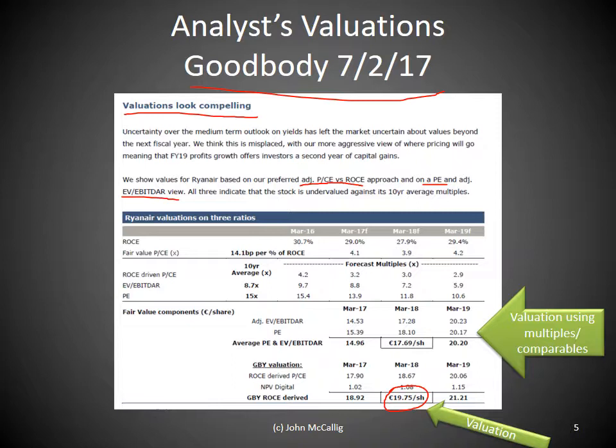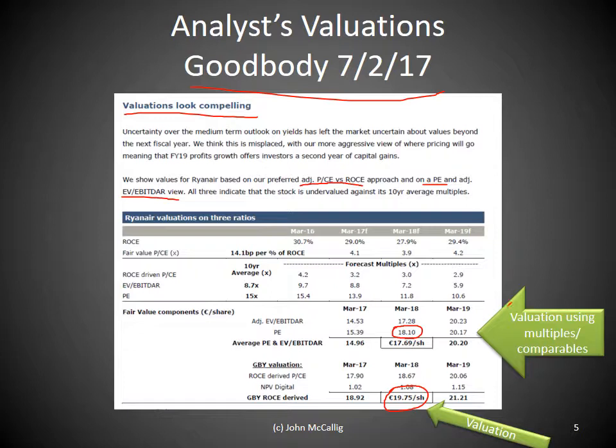I'm not going to go into the details of how they do this. In fact, I'm not 100% sure how all this works, but the essence of it is that they are looking at multiples like the price earnings ratio and forecasting those multiples in the future, and then applying those multiples to earnings that they have forecasted in the future, and that's how they get their valuation.